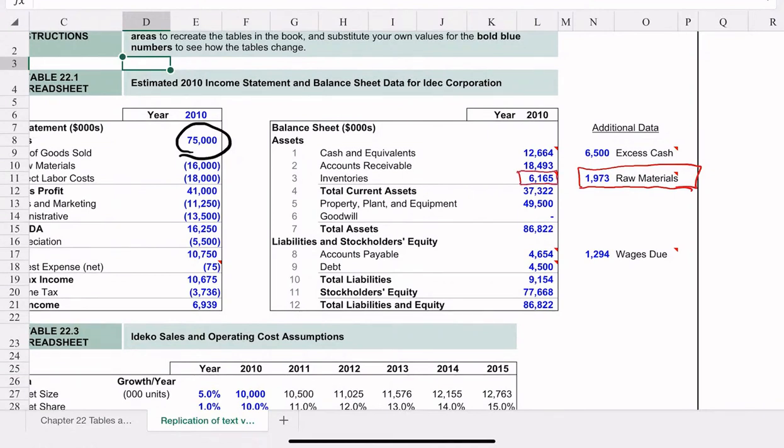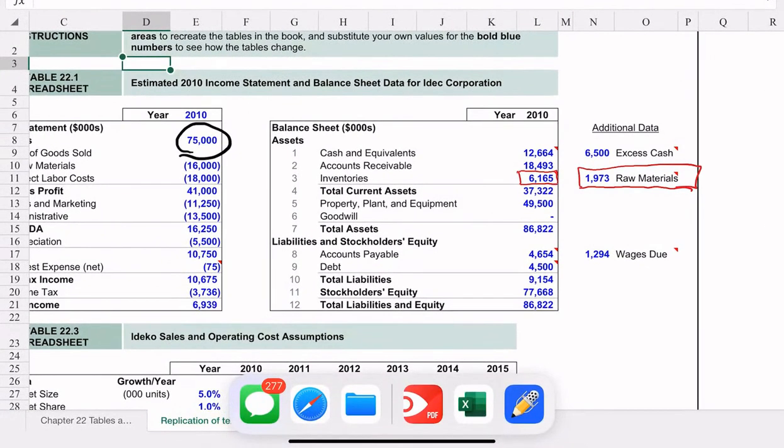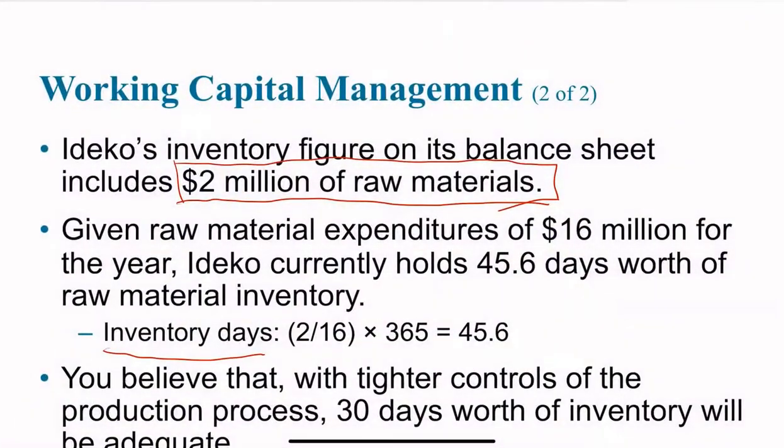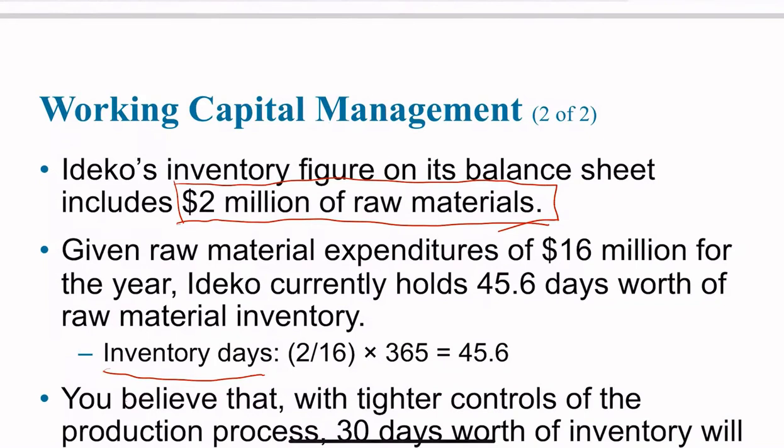And out of this $6,165,000 of inventories, we have $1,973,000 as raw materials. And then we want to use this as the numerator.